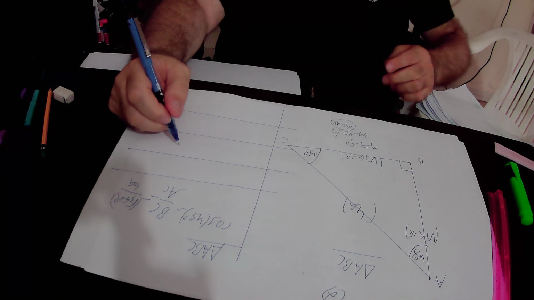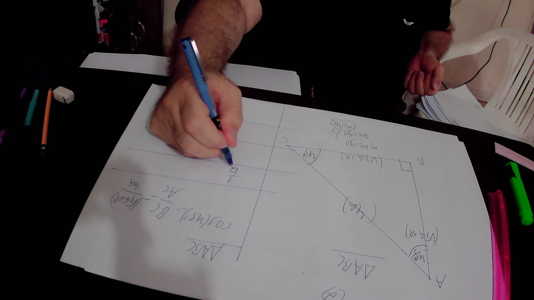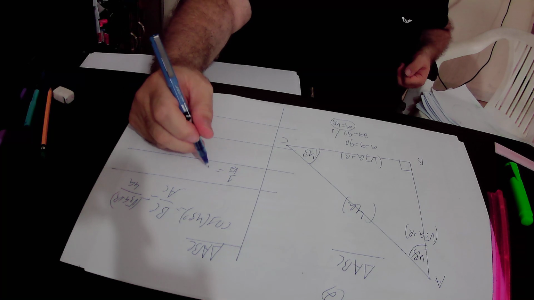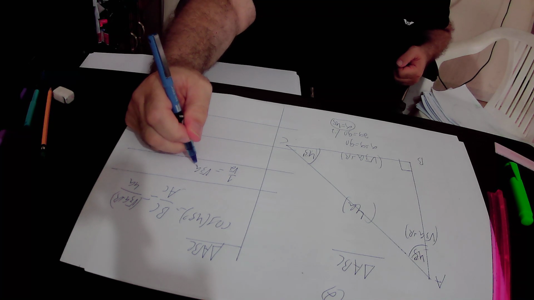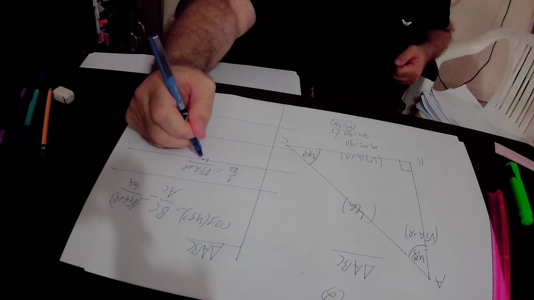So in conclusion, cosine 45 degrees is equal to 1 over square root of 2. That is equal to square root of 3 times A plus R over 4A.